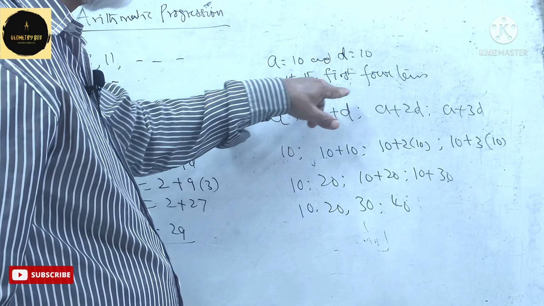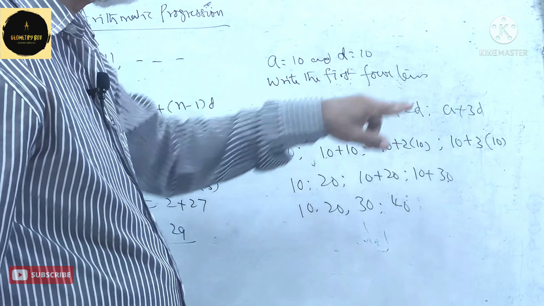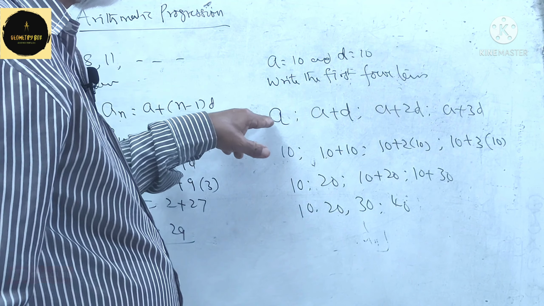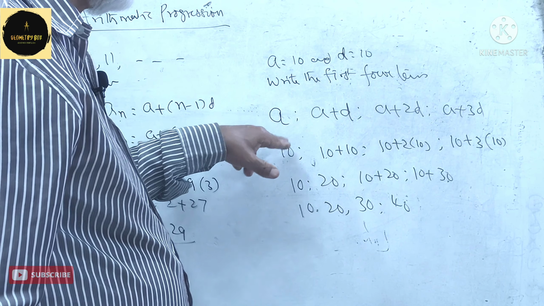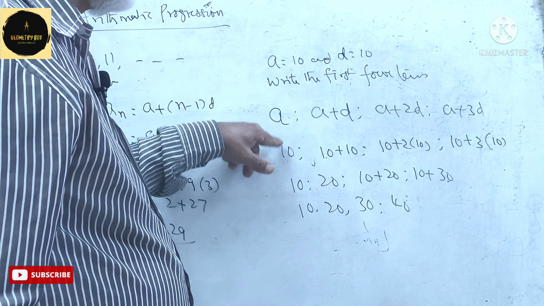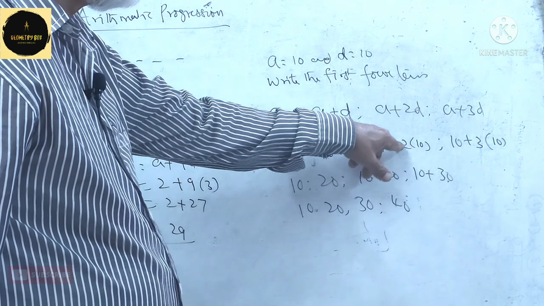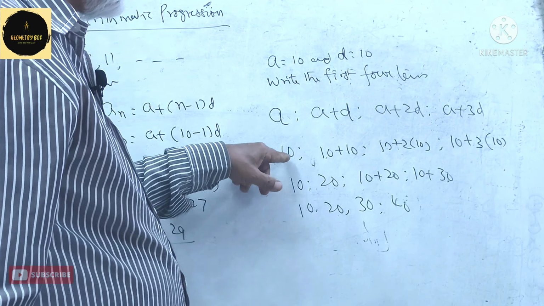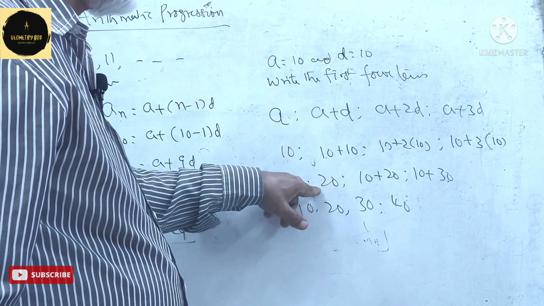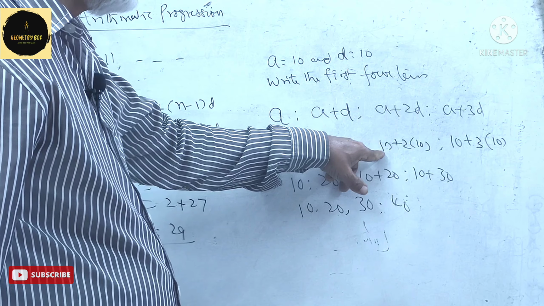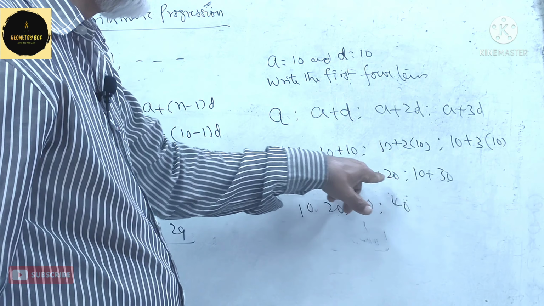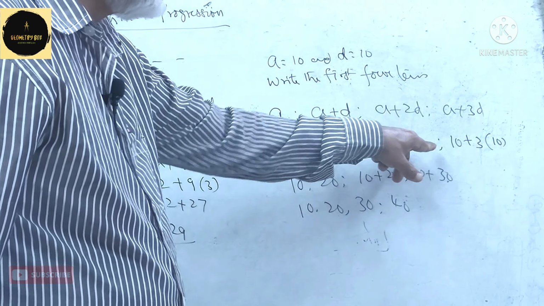When the value of a is 10 and the value of d is 10, the first 4 terms are: a, the first term; a plus d, the second term; a plus 2d, the third term; a plus 3d, the fourth term. Substitute the values of a and d: 10, 10 plus 10, 10 plus 2 into 10, 10 plus 3 into 10.